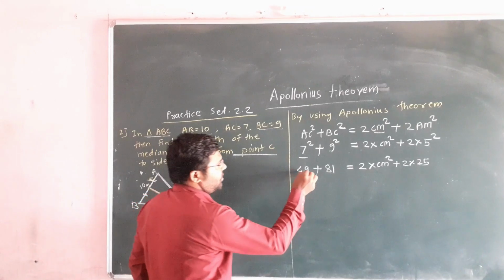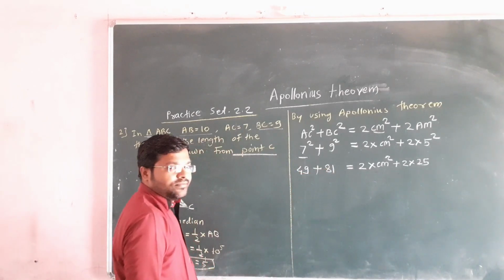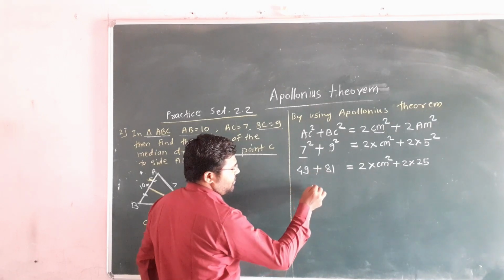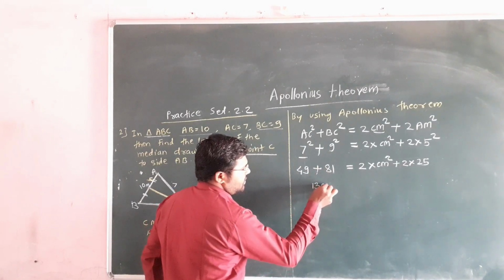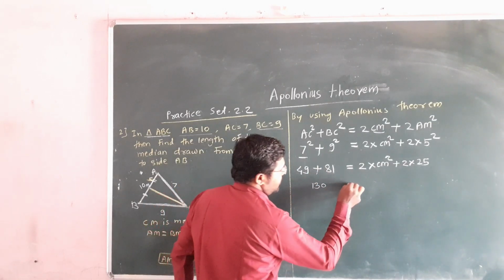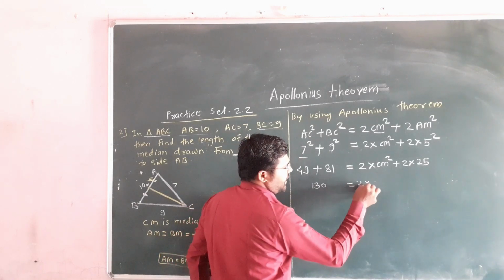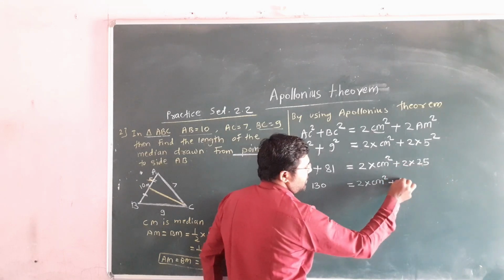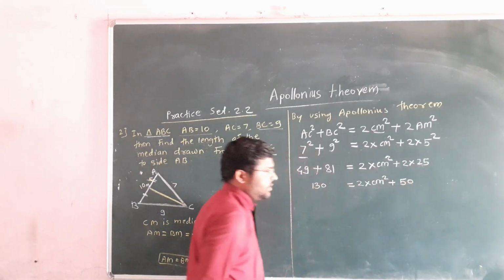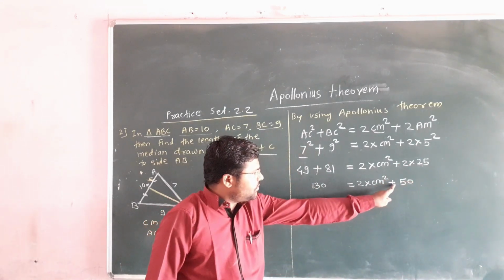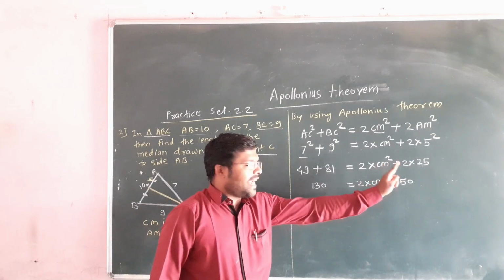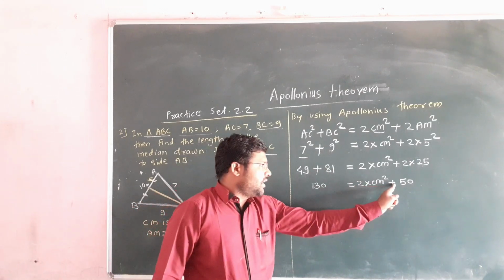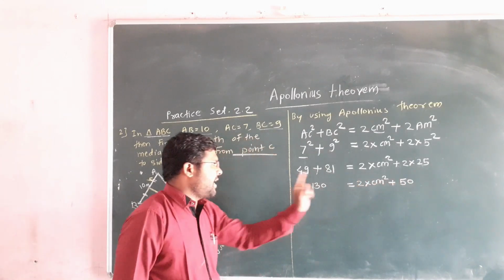Okay, 49 plus 81. So 49 plus 81 is equal to 130, is equal to 2 into CM square plus 25 times 2 is 50. 50 is positive here on the right hand side, so it comes to the left hand side, and plus 50 becomes minus 50.